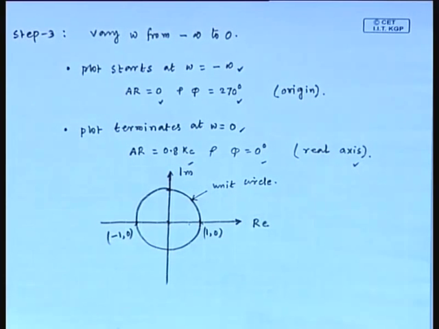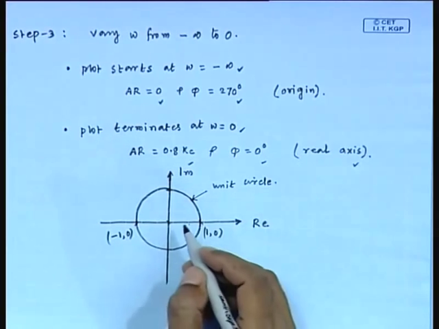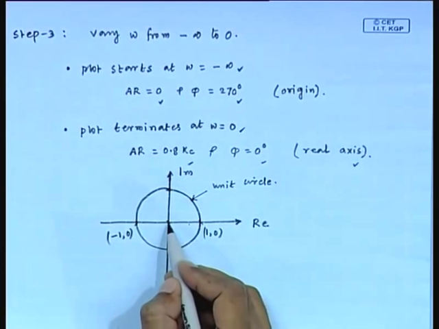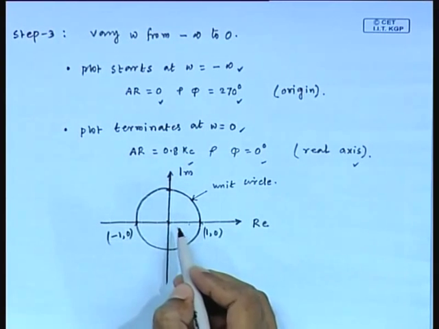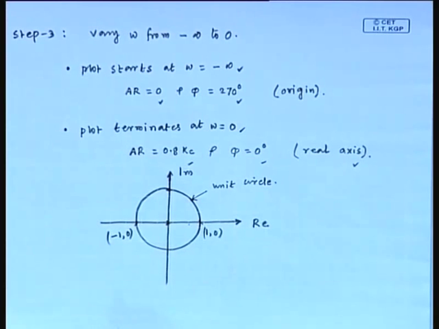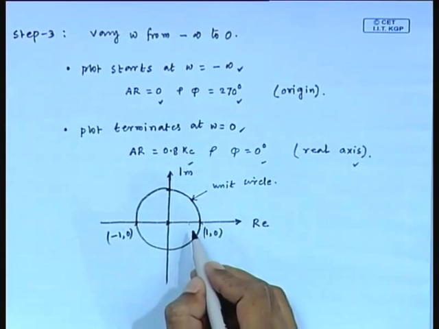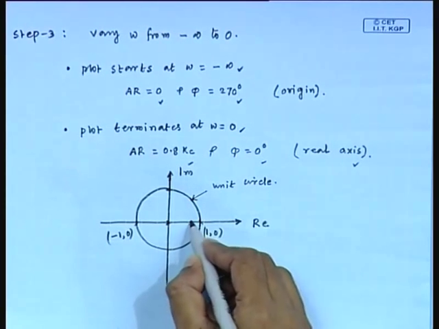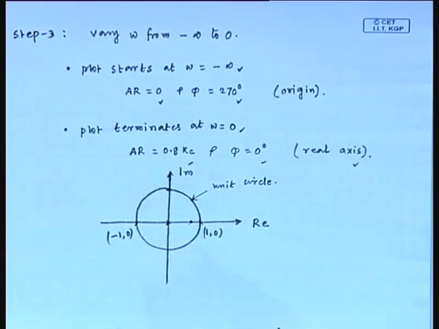So, the plot starts at origin, amplitude ratio is 0 and phi is minus 270, and the plot ends when amplitude ratio is 0.8 Kc and phi 0. In this case also we will consider Kc 1.